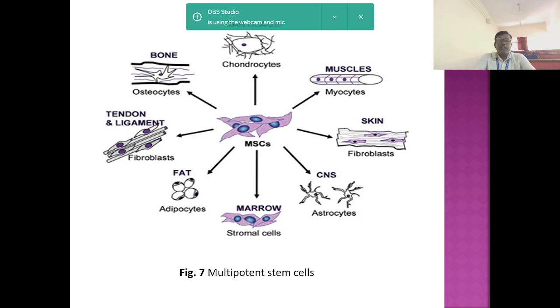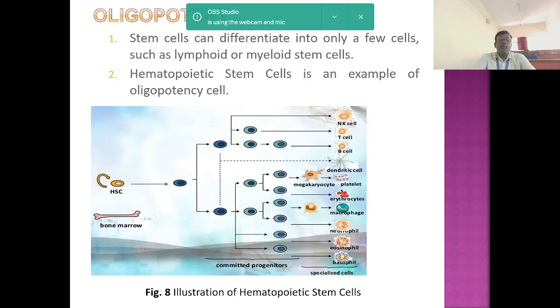Here the multipotent stem cell can be differentiated into myocytes, fibroblasts, astrocytes, stromal cells, adipocytes, and osteocytes. An oligopotent stem cell can differentiate into only a few cell types, such as lymphoid and myeloid stem cells.